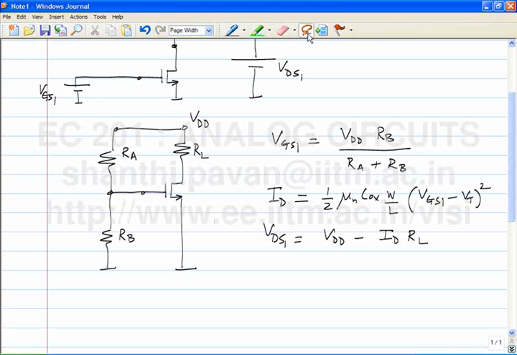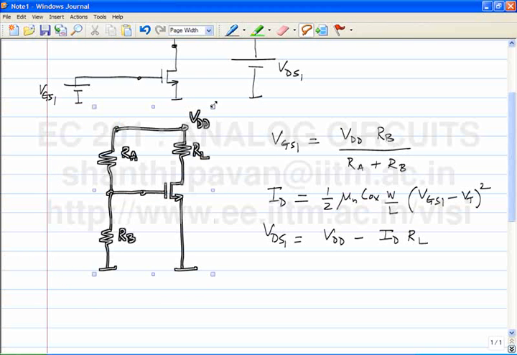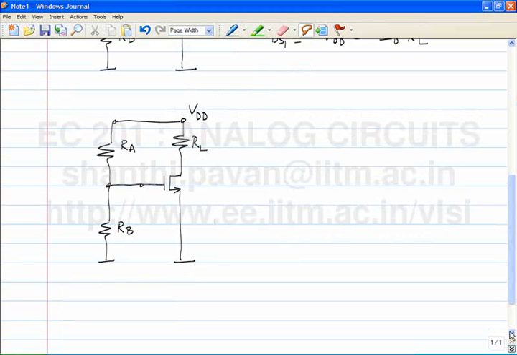The next job is to add the incremental source. And what did we see last time? We saw that it does not make sense to simply hook the incremental source between the gate and ground. So this was Vs, for example. If I did this, what would be the problem?